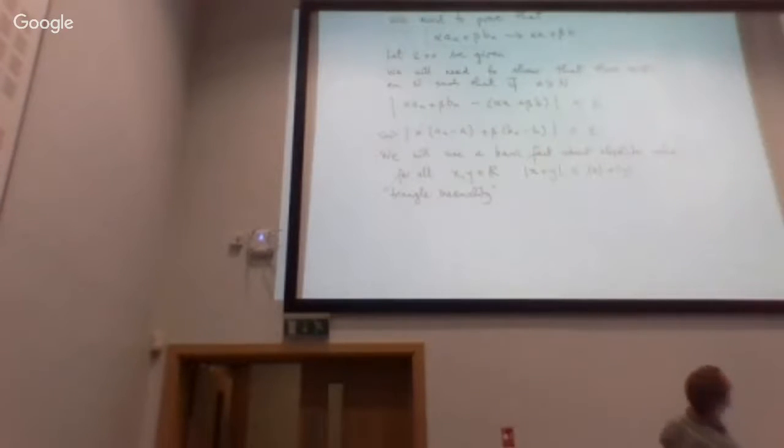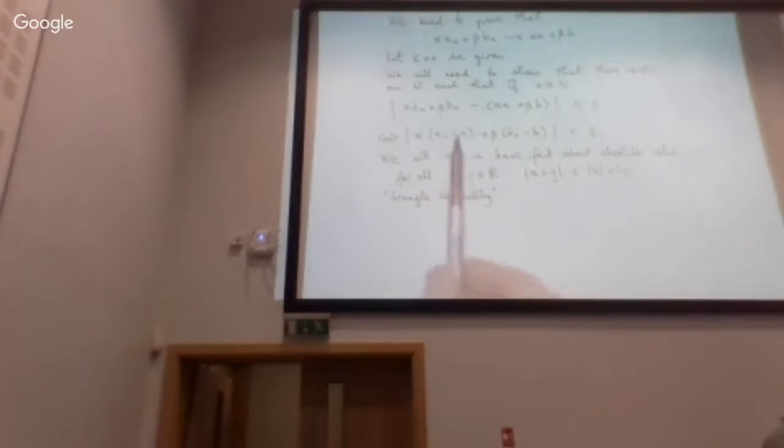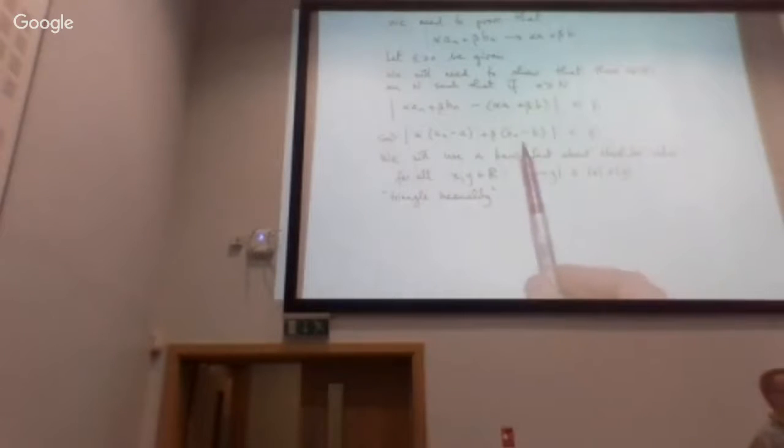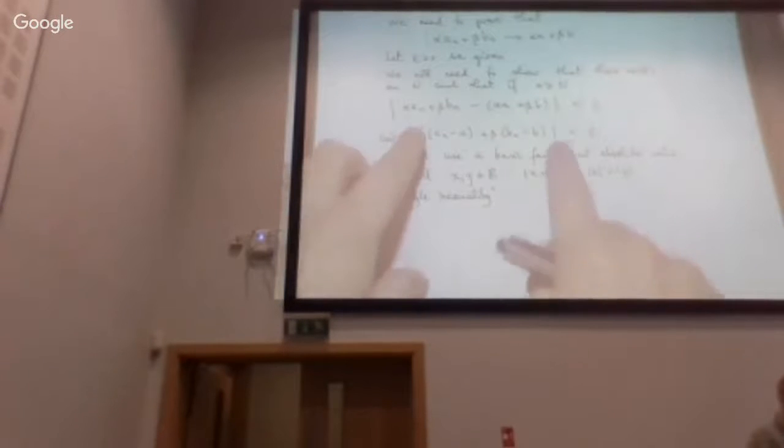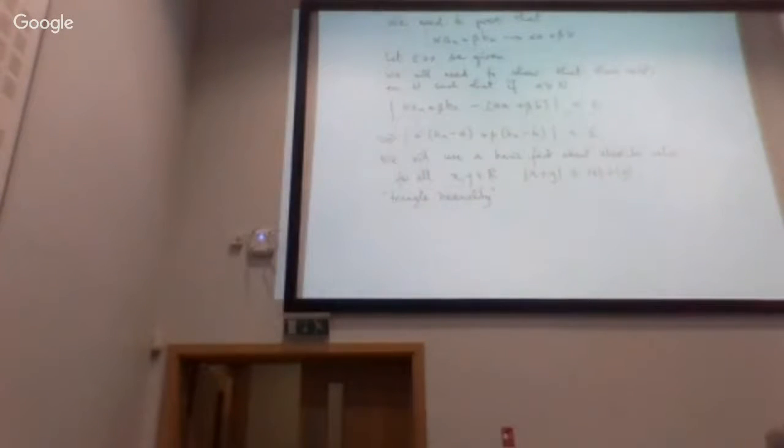It says so at the top of the page. So this difference here does get small because an is convergent to a, as will this difference here, bn minus b, because bn is convergent. I just have to use the fact that they're both getting small to argue carefully that I can make the whole thing small.